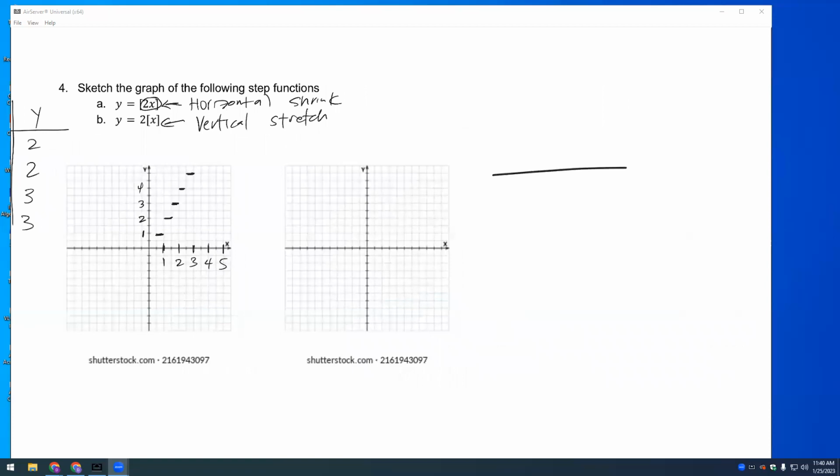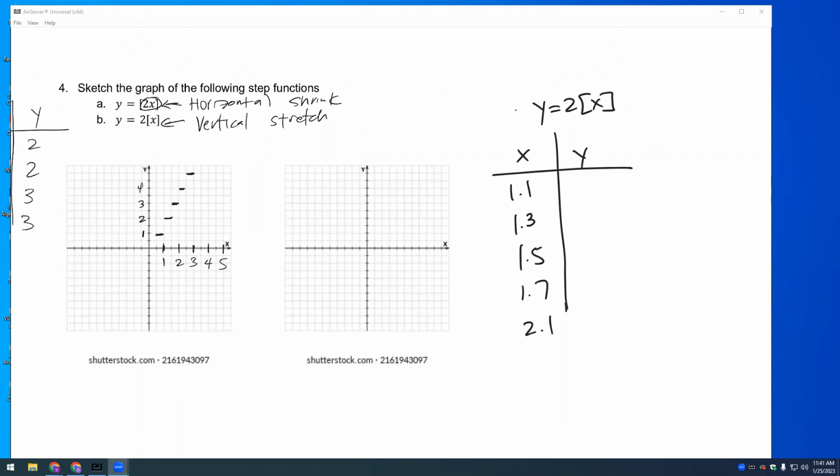So let's do a table of values. Y is equal to 2 and then step function x and y. So let's say it's 1.1, 1.3, 1.5, 1.7. And let's go 2.1. Let's maybe go out a little bit further out, 2.3, 2.5. 2 times 1.1.